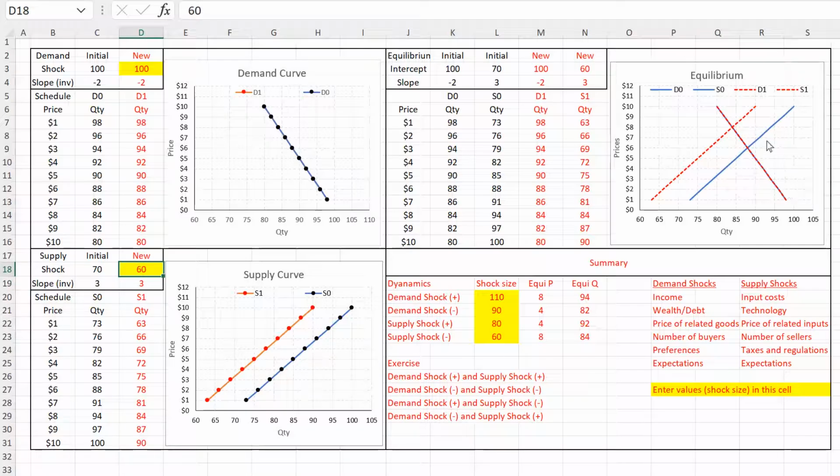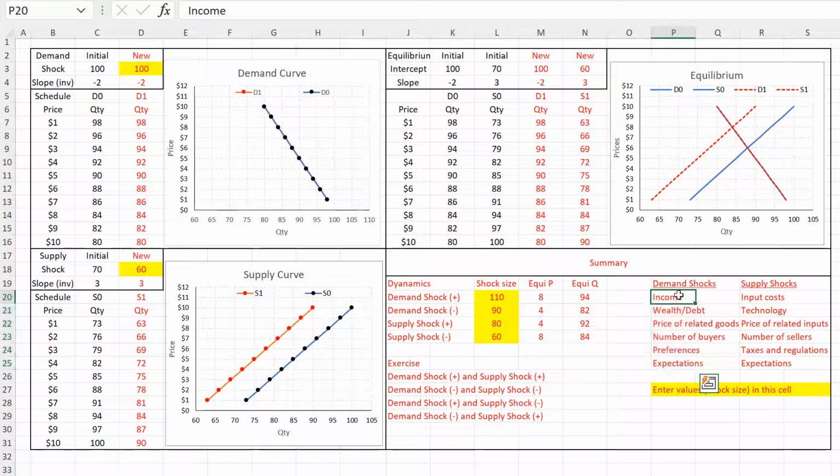Now, what is it going to do to the equilibrium price and quantity? Notice that the demand curve is still the same because all the factors that drive the demand curve are still constant. We are assuming them to be constant. Of course, in the real world, all of these things will change at the same time, but here we are taking one at a time.